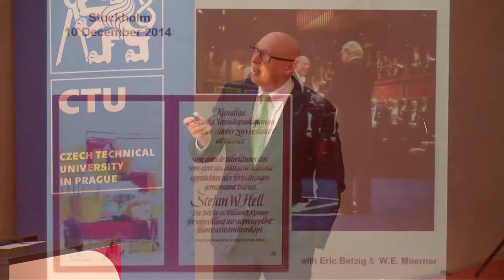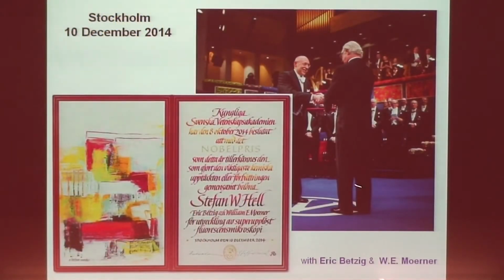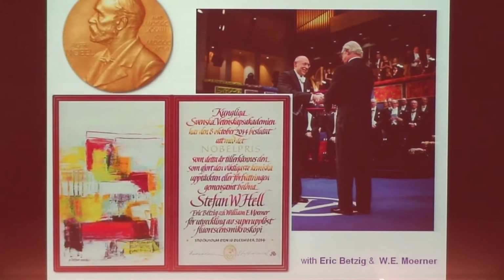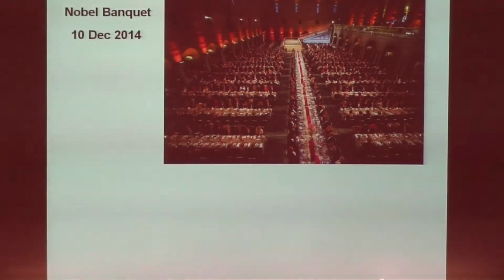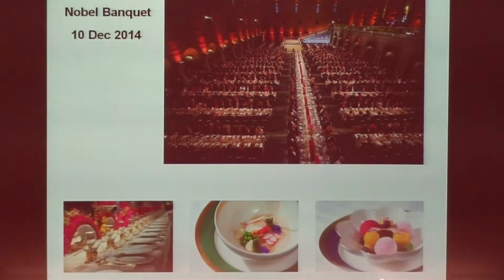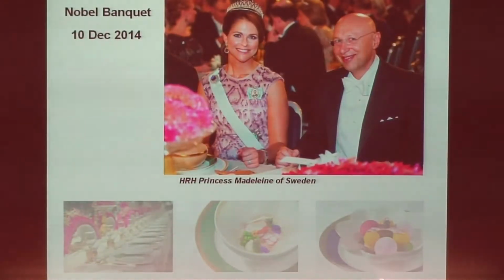And of course, in a nice celebration, he handed over this beautiful diploma and a medal, and this was followed by a nice banquet, I must say, a really nice one, with very good food and very nice company.